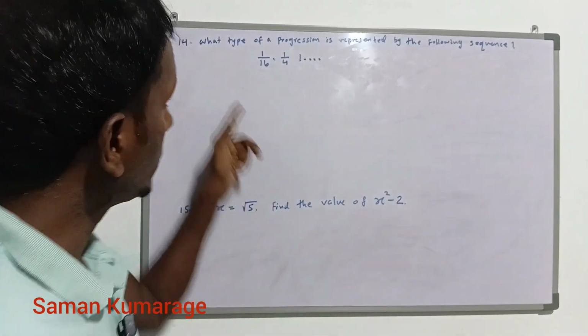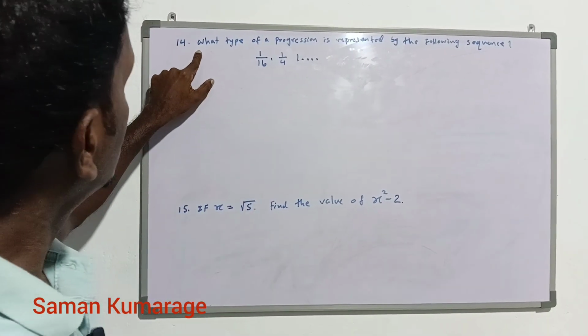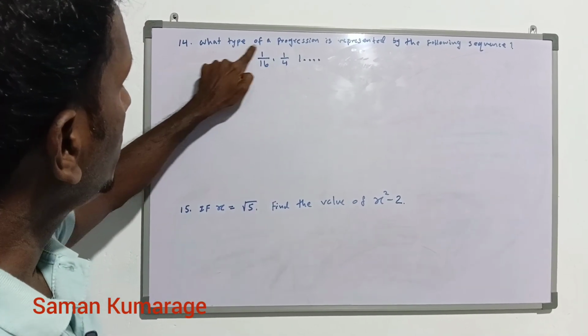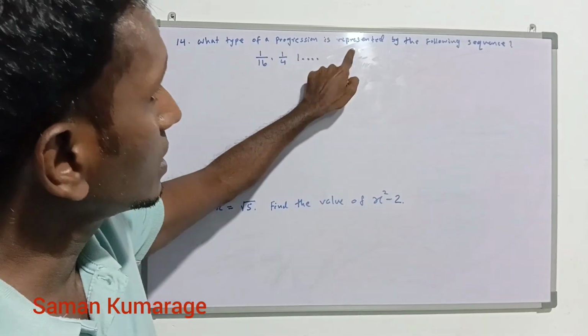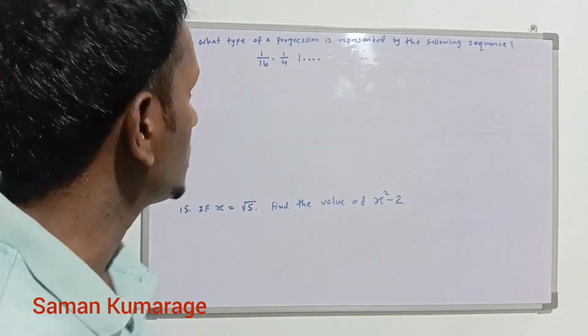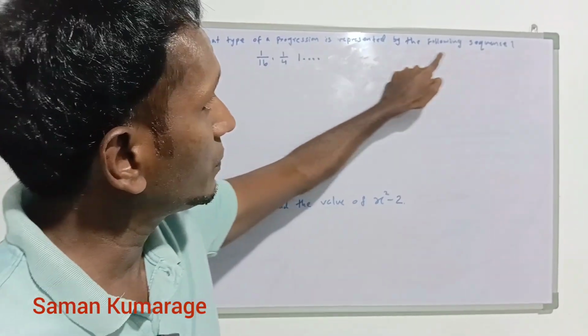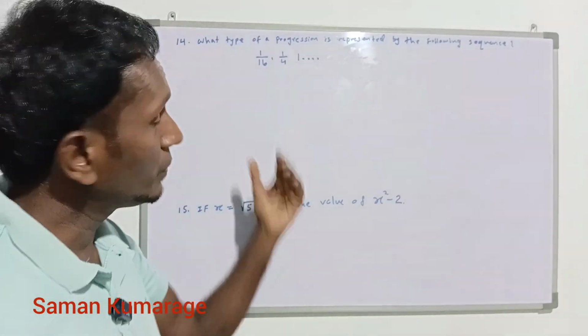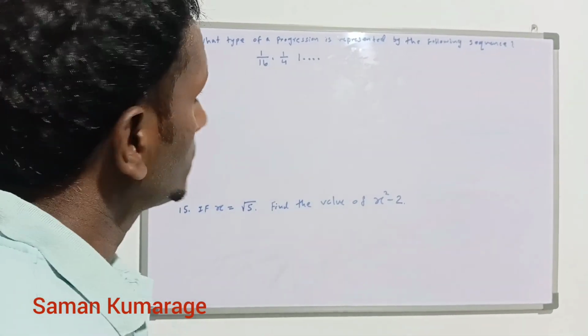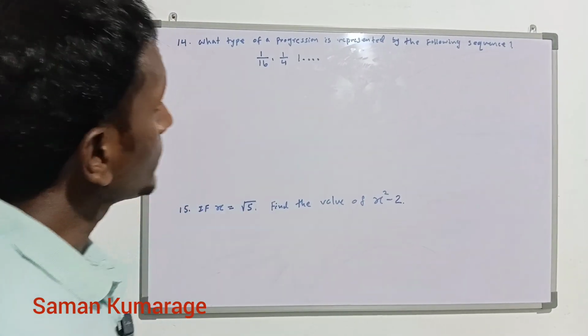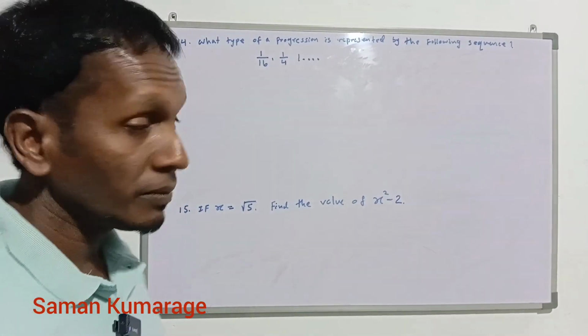Okay, look at the 14th question. It says what type of a progression is represented by the following sequence. We have basically studied two types of progressions so far for the ordinary level.